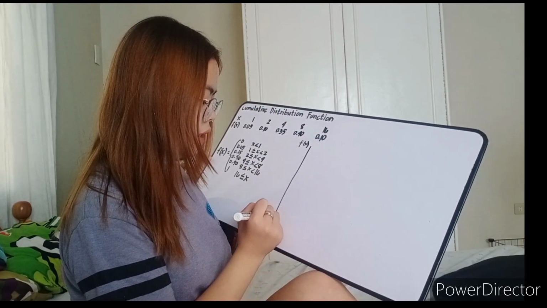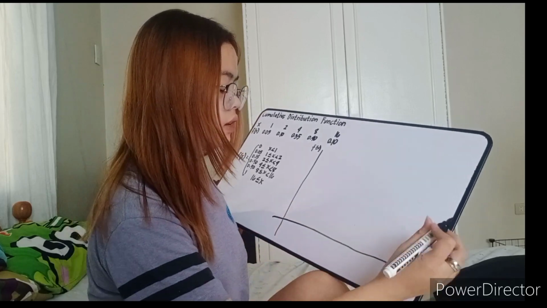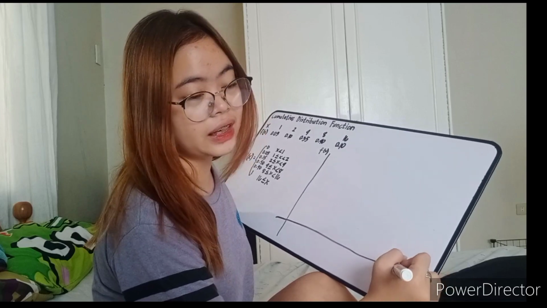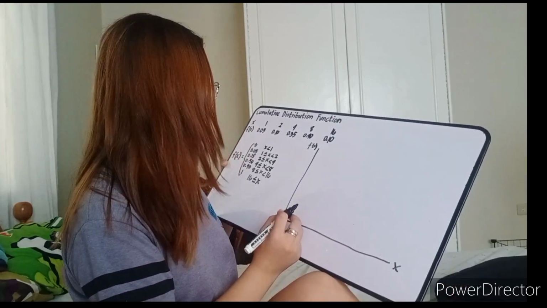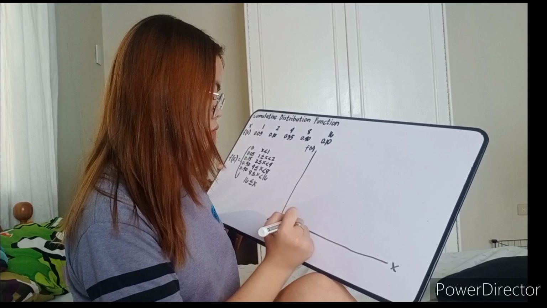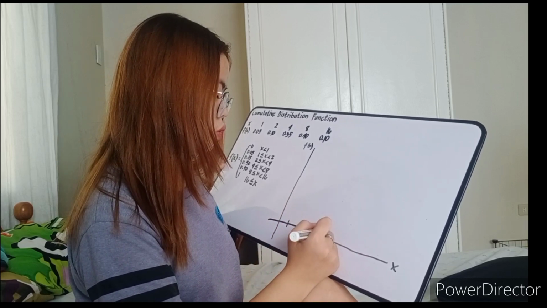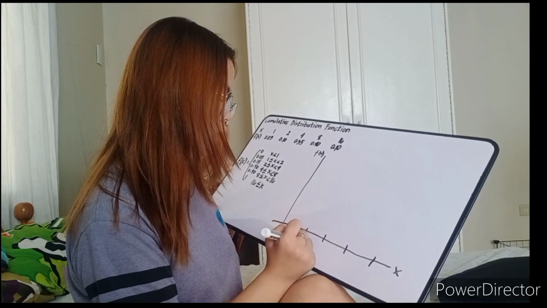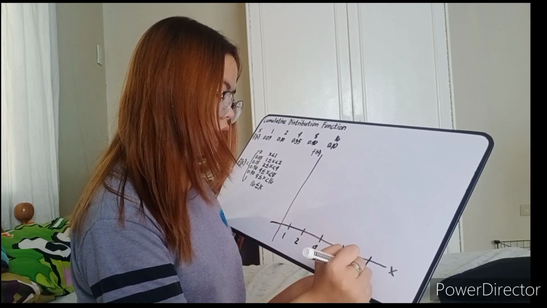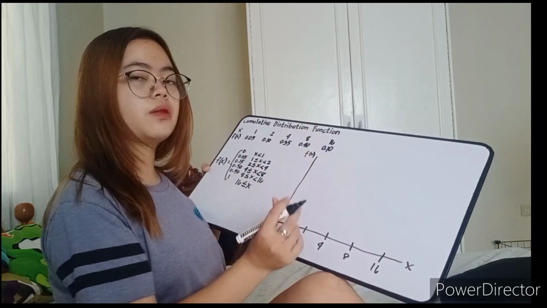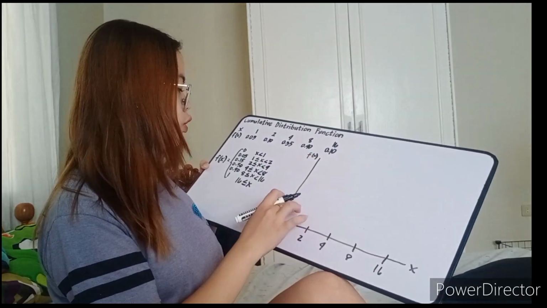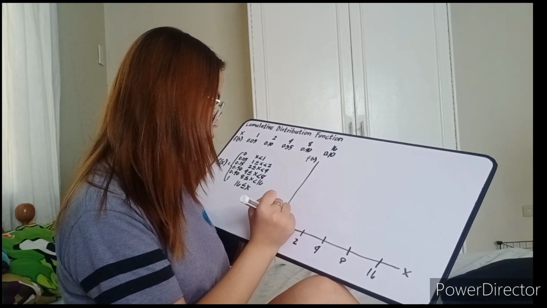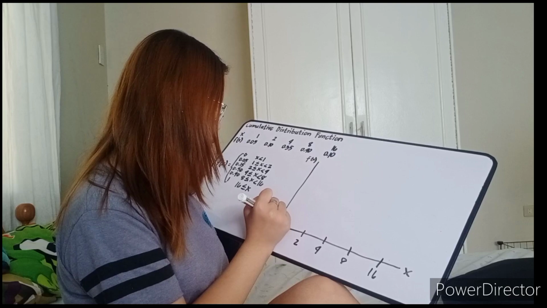And itong sa baba, ating x-axis, ito ang ating random variable X. So, let's say, ito yung 1, 2, 4, 8, and 16. So, dito naman sa may F of x natin, ito yung nakuha natin kanina. Itong 0.